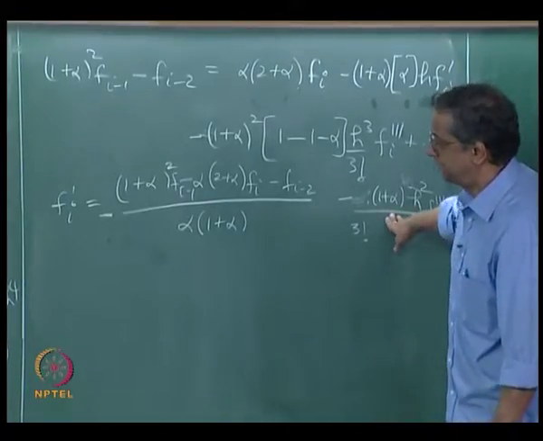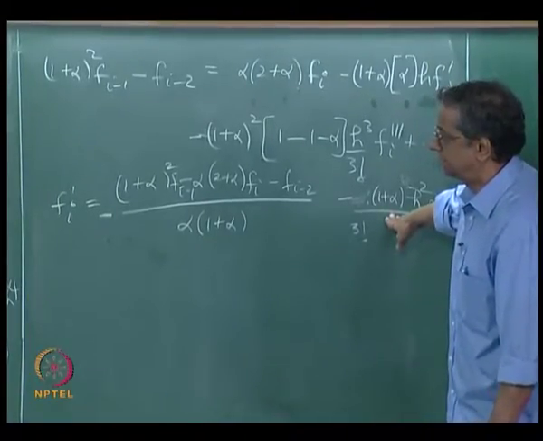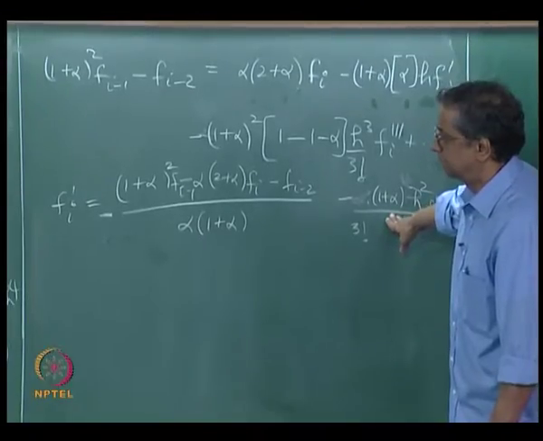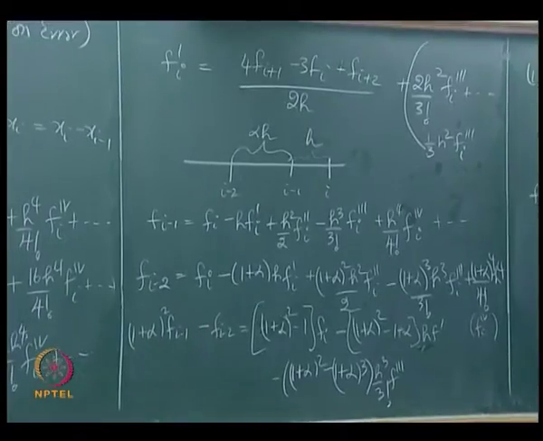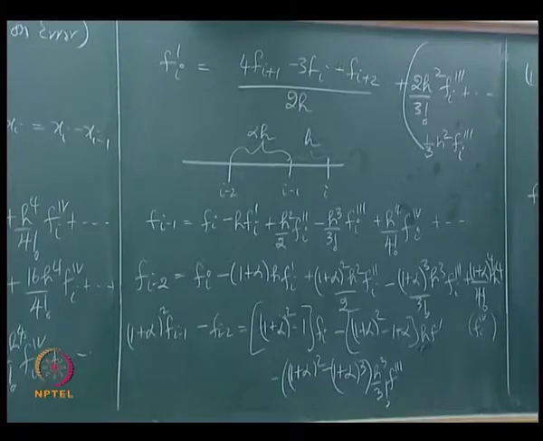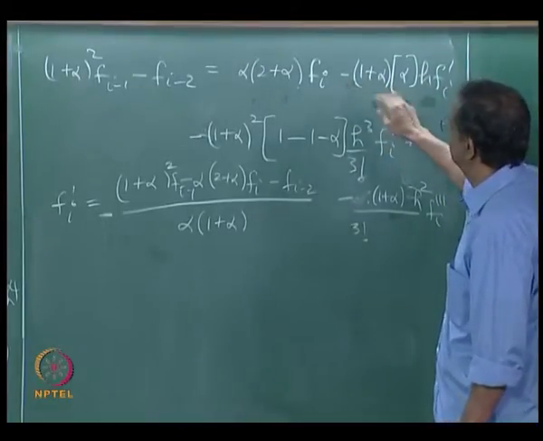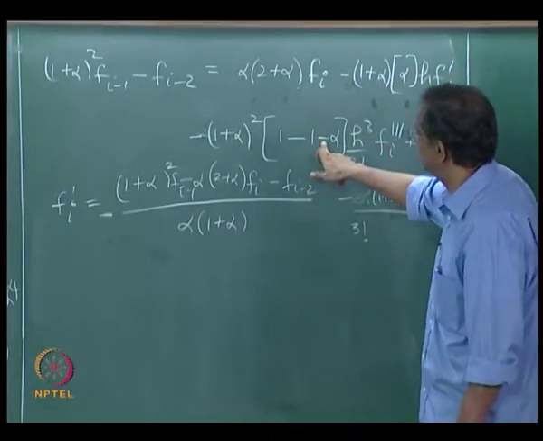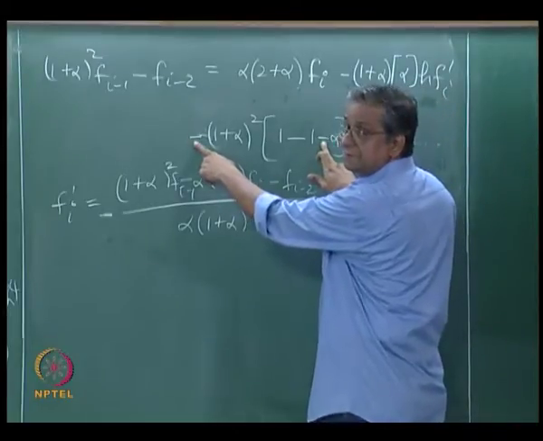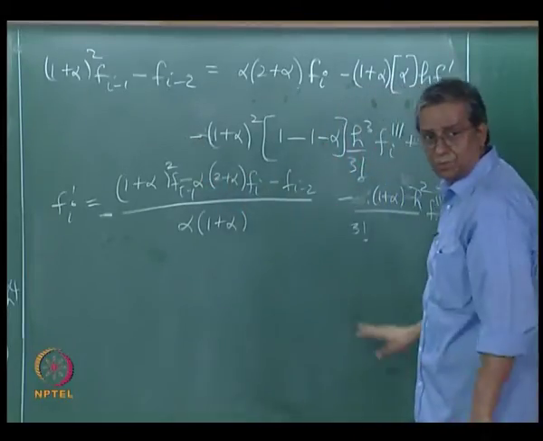It has to be a plus. No, it is right. There is a negative sign here, there is a negative sign here, and there is one more negative sign. It will turn out right.